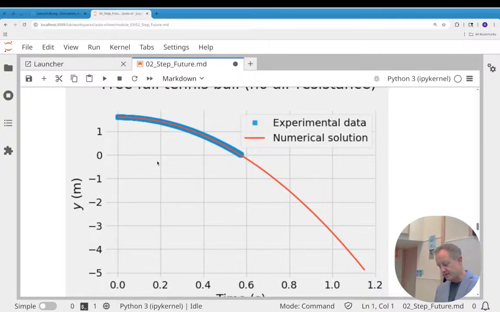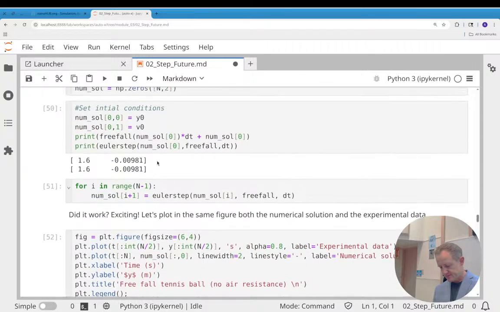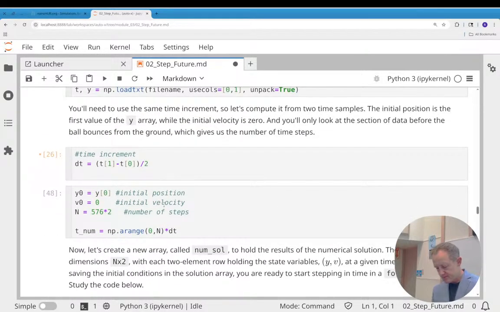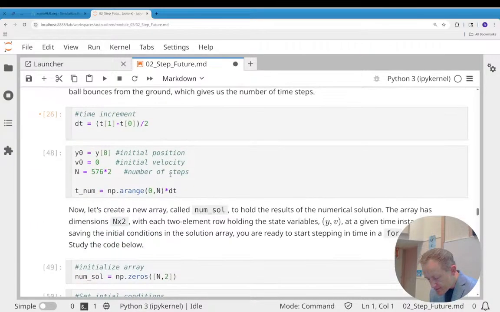Why is it going on so long? It's matching. I think I made the time step smaller. I'm doing something weird because I divide the time step by 2, so then there should be twice as many steps. Yes? No? Just me?